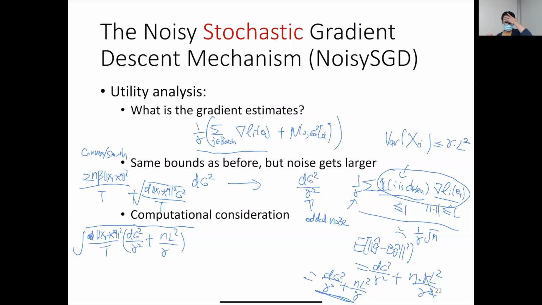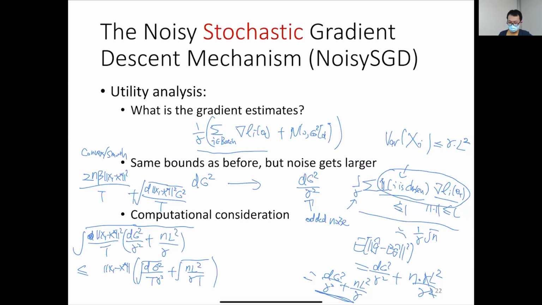Okay, so you can see that this is what we're getting, and using the same kind of bounds that we derived previously, this is smaller than. I'll first keep this, and then I'll write the t d gamma square sigma square plus square root of n L square gamma of t.